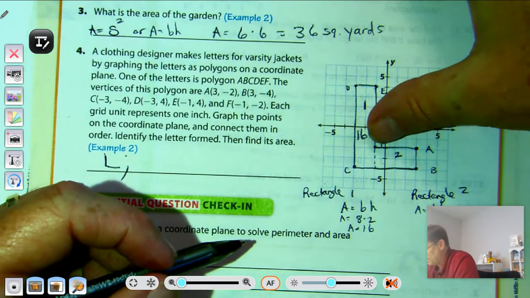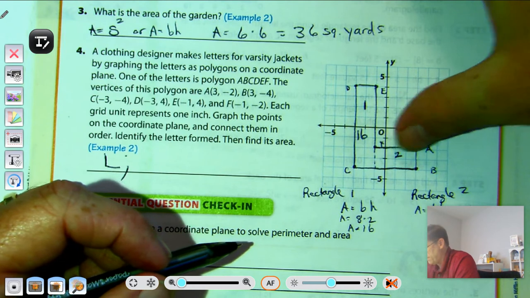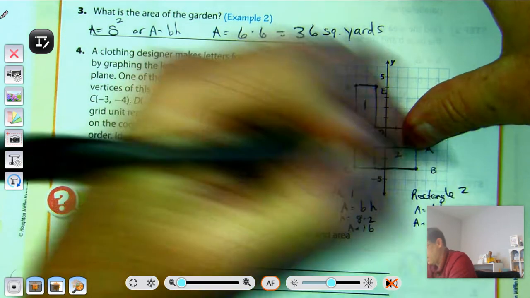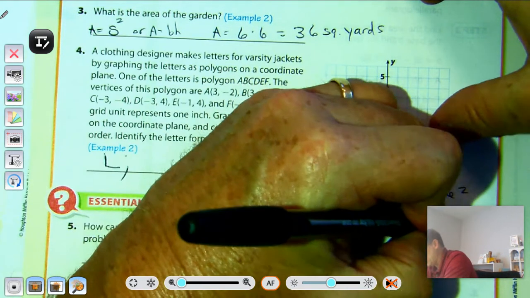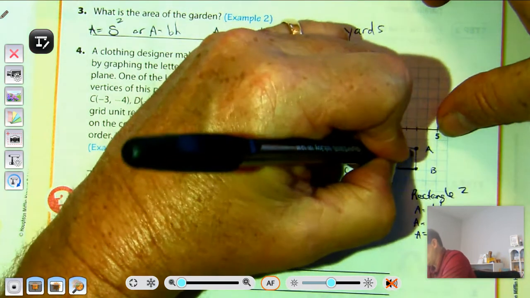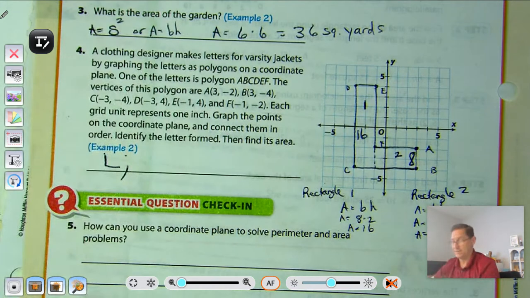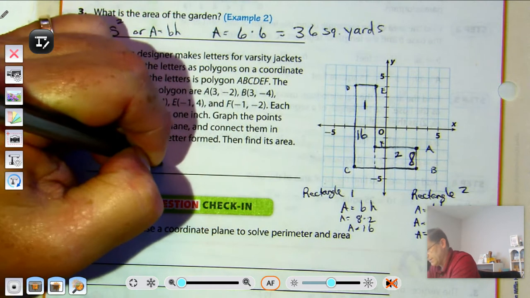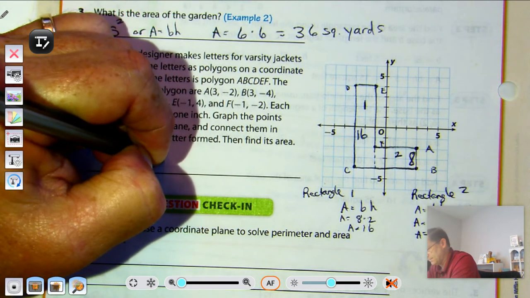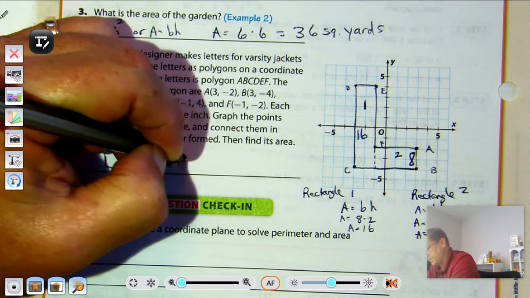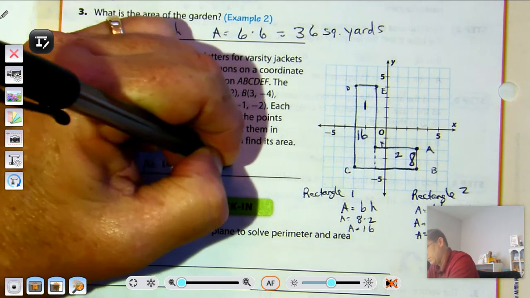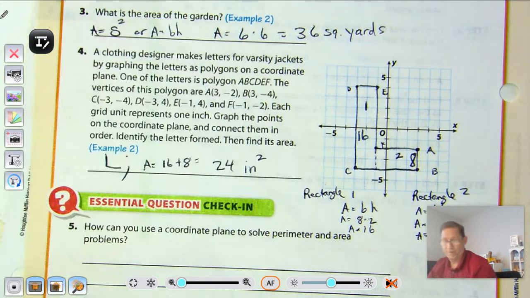We have a base of 1, 2, 3, 4 units. And we have a height of 2 units. So rectangle 2 is 8 square units. So the area is 16 plus 8, which equals 24 square inches.